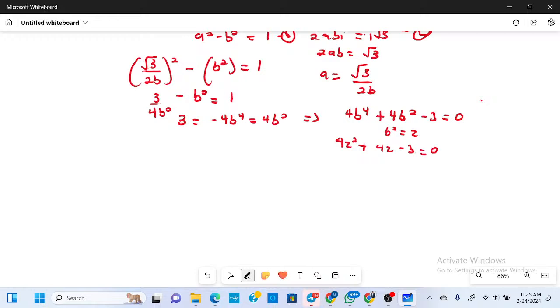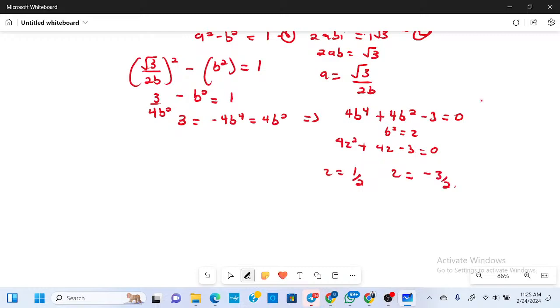Now, let's find the values of z from this equation. So 4, negative 3, you get z to be equal to half, then z is equal to negative 3 on 2.